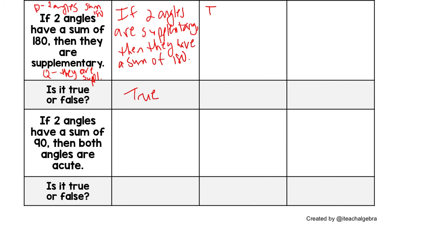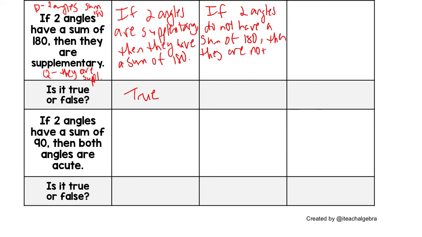Inverse, if two angles do not have a sum of 180, then they are not supplementary. Also true. If they're not 180, they can't be supplementary.